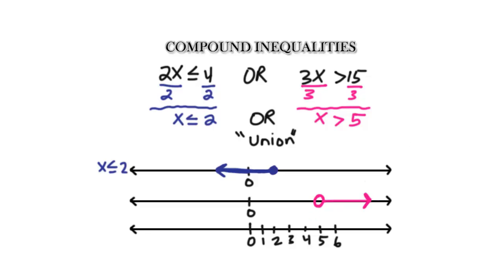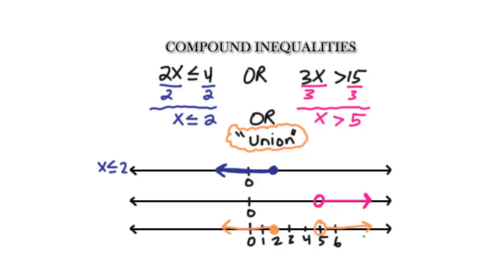Okay, so now we have to find the union of the two inequalities. Let me do it with this color here. I want to find the union. So it's going to be at 2, and it's going to go here on the left hand side. And it starts at 5, but it doesn't include 5, and it's going to go in this direction.